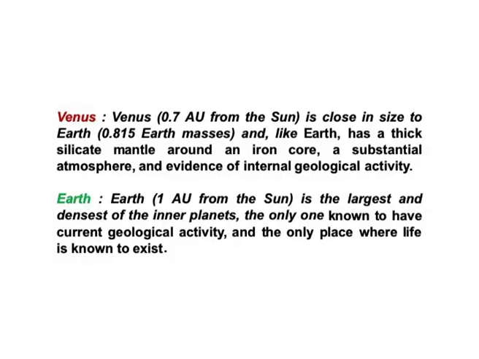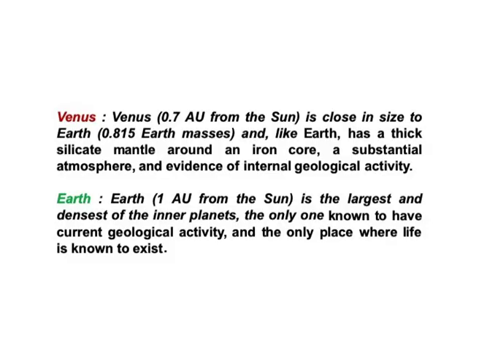It has a thick silicate mantle like Earth, and the silicate mantle is surrounded by an iron core. It has a substantial atmosphere and evidence of internal geological activity. Based on that we can say so.